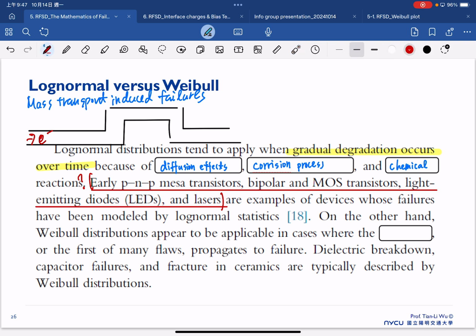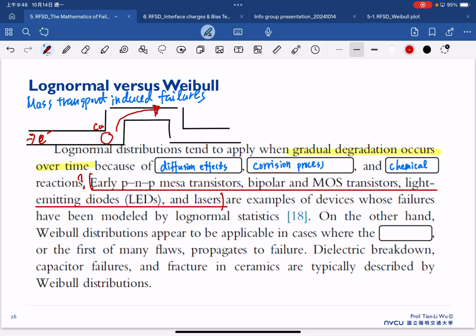If we consider this interconnection line is made of copper, so we have a lot of copper atoms, and the electron flow in this way will start to transfer momentum to the copper. So the electrons will try to push the copper to move as well. After a certain time, you will start to see copper movement inside this interconnection line.